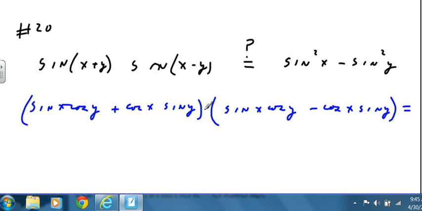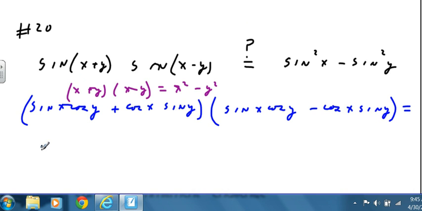All right, so I did that. Now, I recognize this as x plus y times x minus y. And x plus y times x minus y is going to be x squared minus y squared, right? So that's what I'm going to apply to what I see there.